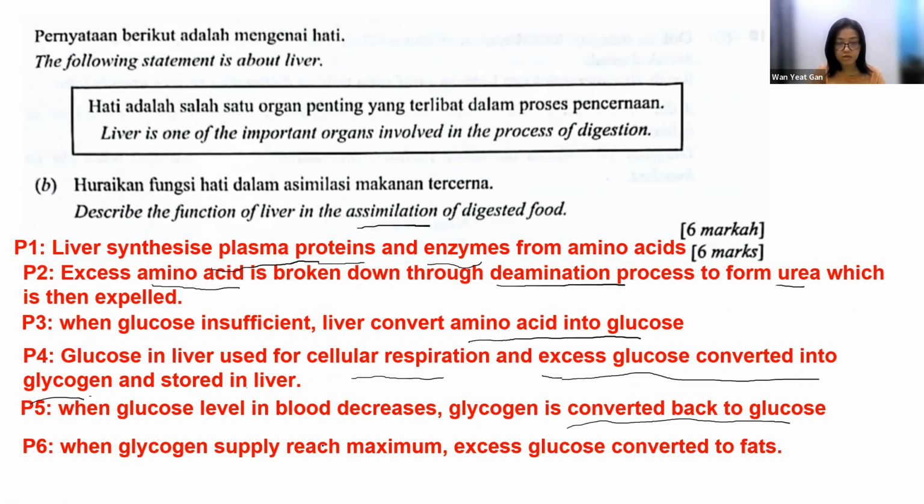When glycogen reaches its maximum, the storage has reached its limit, so not all glucose will continue to be converted into glycogen. This excess glucose will be converted to fats. So when you have too much glucose, it can be converted to fats.